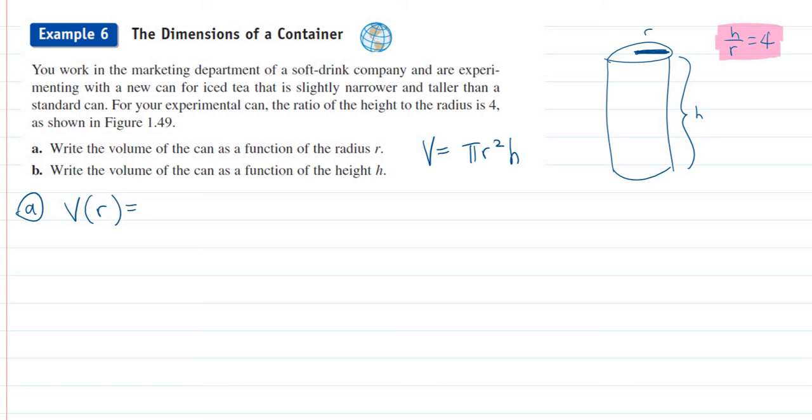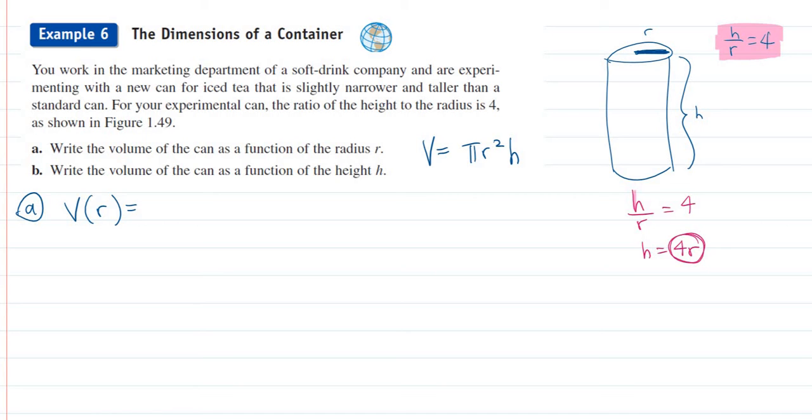If we took that fraction and solved for h, you would multiply by r on both sides. So you would have h over r equals 4, multiply by r on both sides, and you have h equals 4r. So this we can now substitute into our equation.